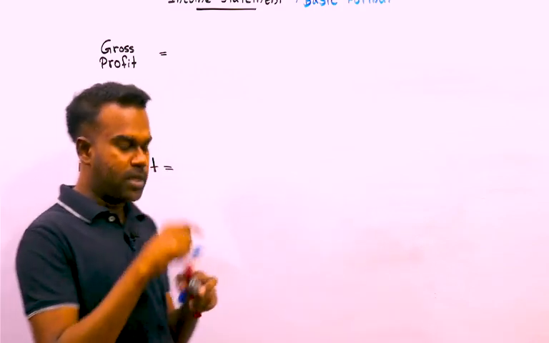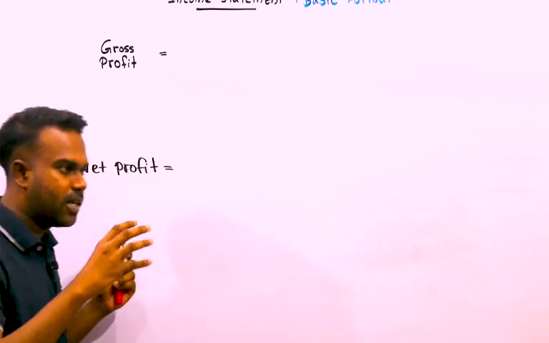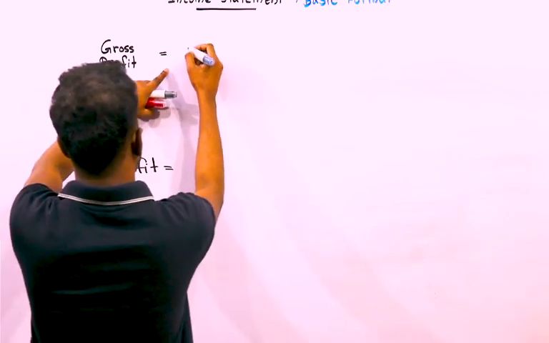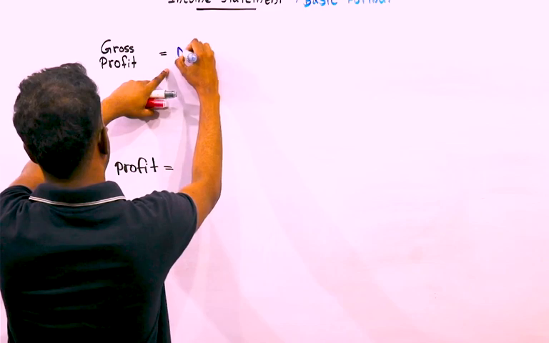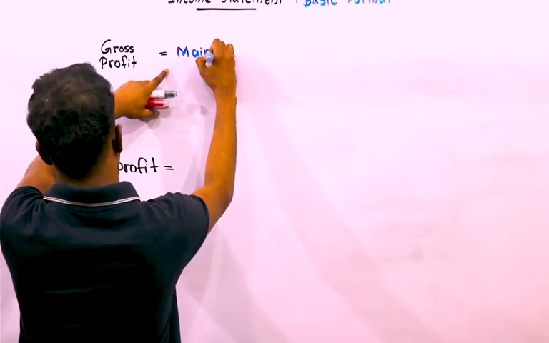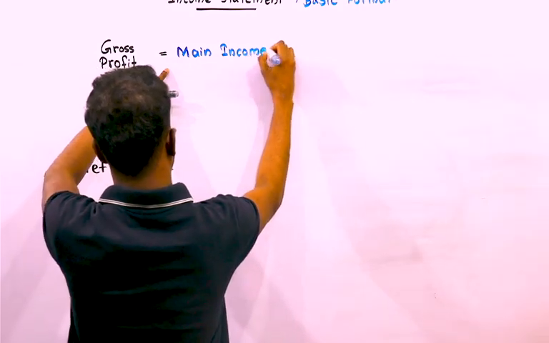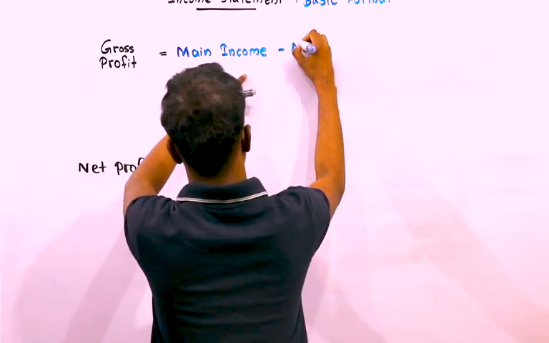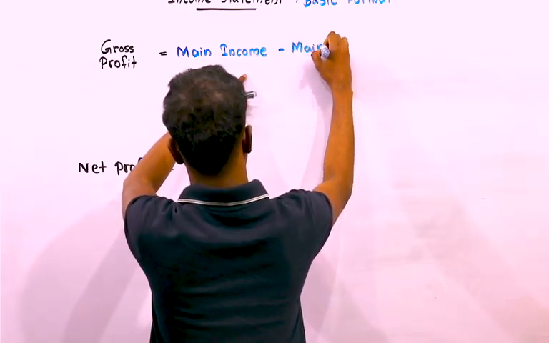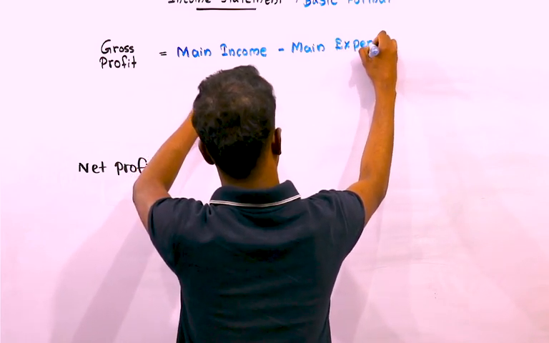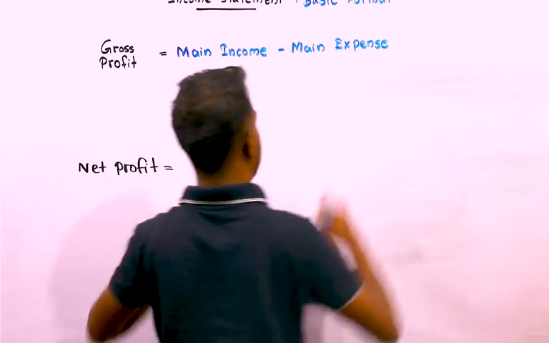Basic profit means without considering other expenses and other incomes, we should consider main income and main expense. Clear?